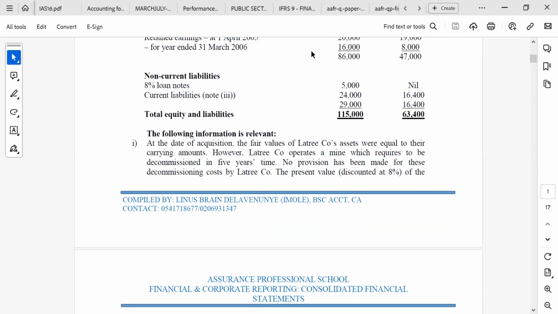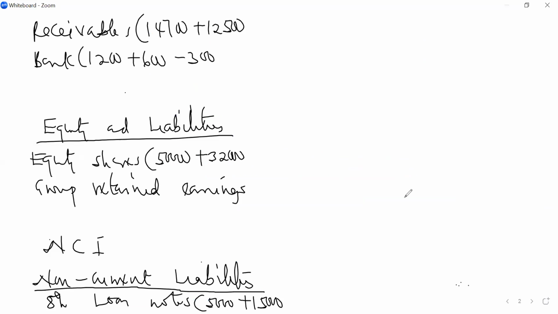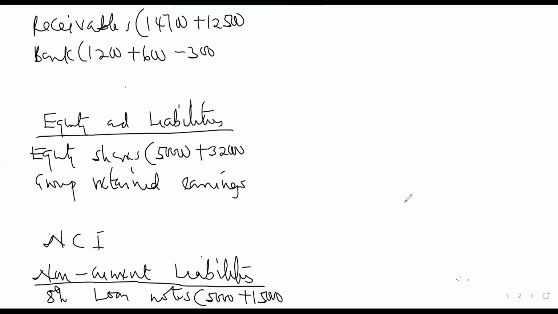The statement says none of the purchase consideration has been recorded. We have done that already. The finance cost that we debited to the group retained earnings, the credit entry should affect the current liability rather. We assume that it has been paid immediately.